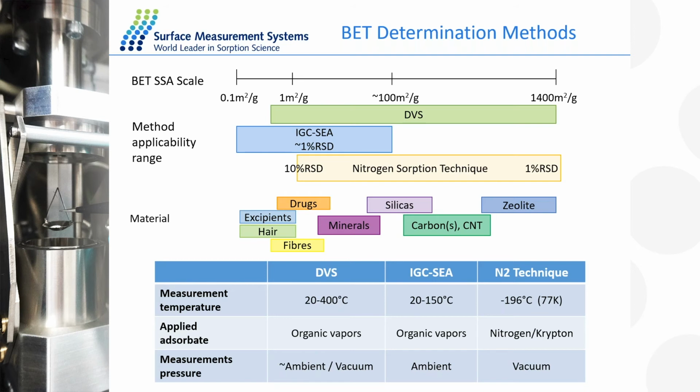And in this case, the vapor sorption technique, for example DVS and IGC, will give a more accurate and reproducible result. With regard to the conditions of the experiment, the vapor sorption techniques are performed at ambient temperature and pressure with the organic vapors. So the result is closer to the surface area at real-world conditions during the processing or performance of the sample.